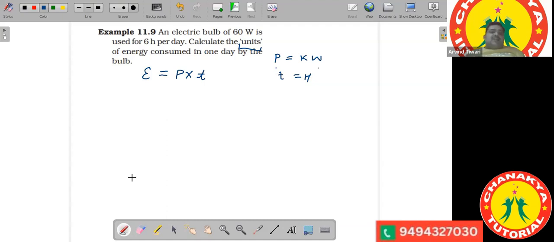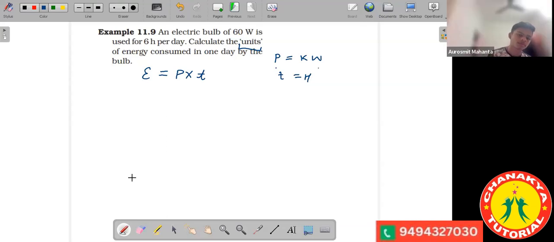I think this time he's correct. Oro Smith has given an answer, but certainly this is not correct. Oro Smith, you have taken your power in watt. Convert it to kilowatt first, and you will get your answer.